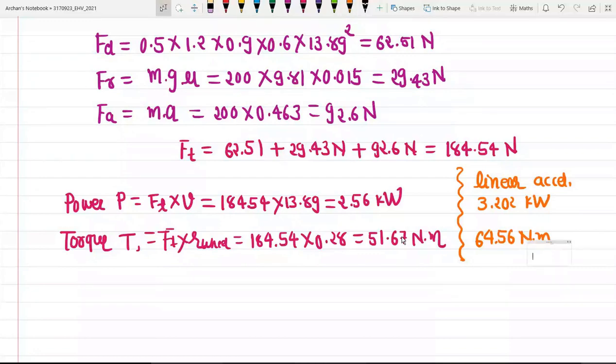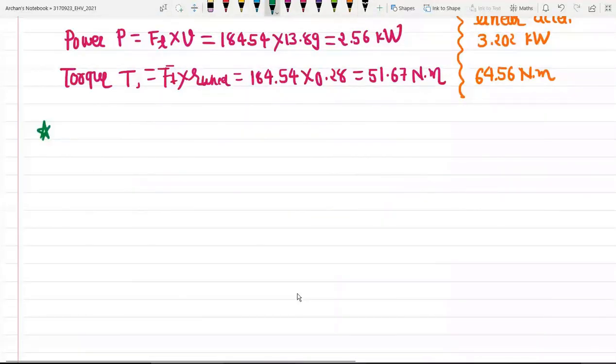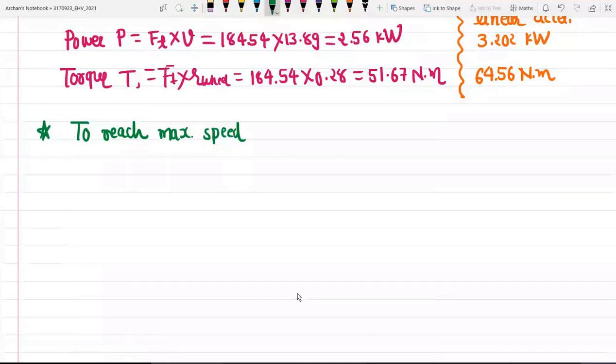Now I have a special case for you where we will consider the same second kind of acceleration, but with some changes. I have to reach maximum speed Vf in t seconds.